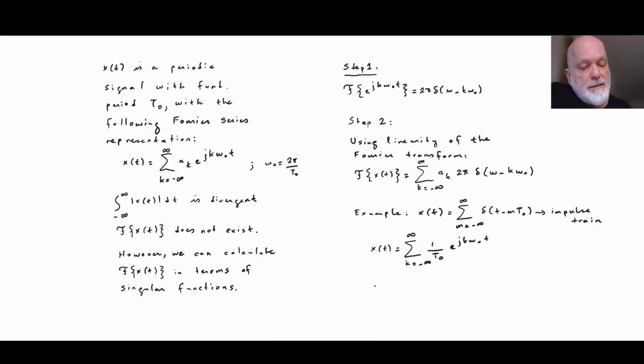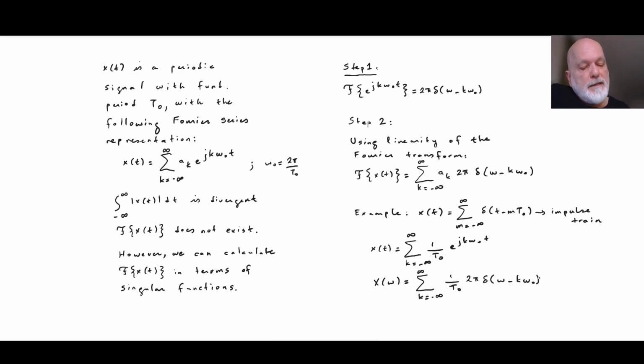So in this case, x of omega turns out to be the sum over k from minus infinity to plus infinity of 1 over T0, and then by using the linearity of the Fourier transform, the Fourier transform of the complex exponential signals, which is 2 pi delta of omega minus k omega 0.